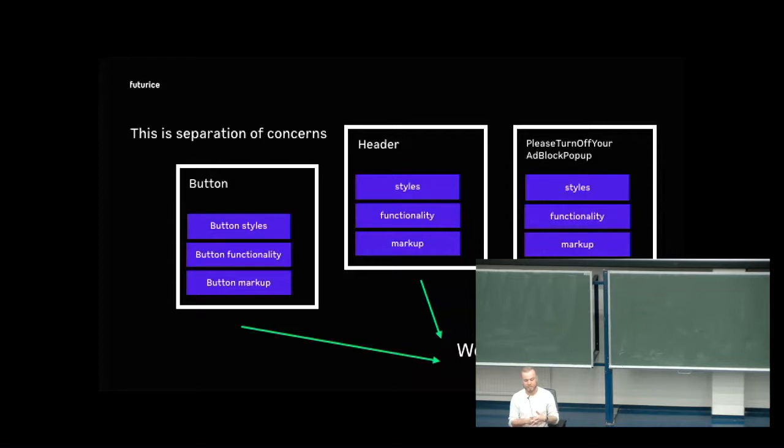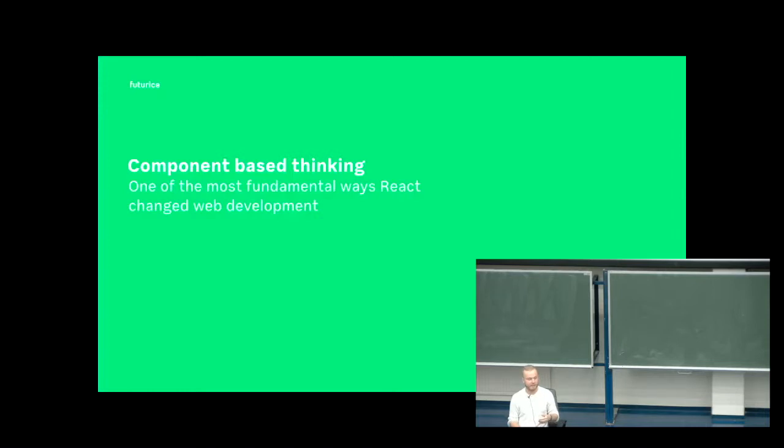Which brings me to the topic of component-based thinking, which I mentioned in the beginning. Instead of having HTML, JS, and CSS files, it could actually be better to have files that represent one concept, like a button, for instance, that would encapsulate everything that is related to that button.